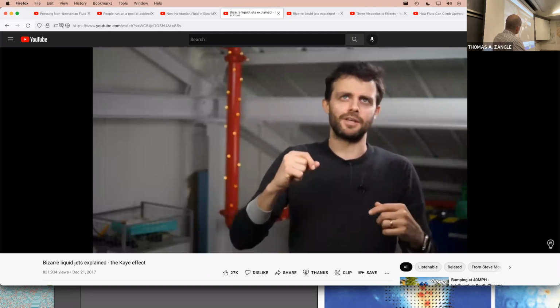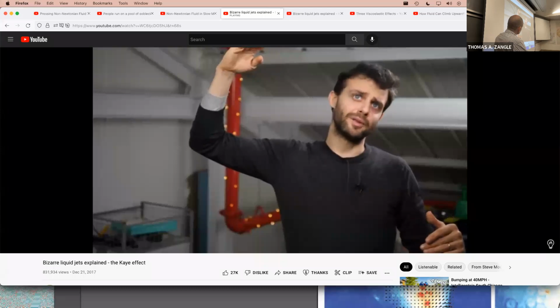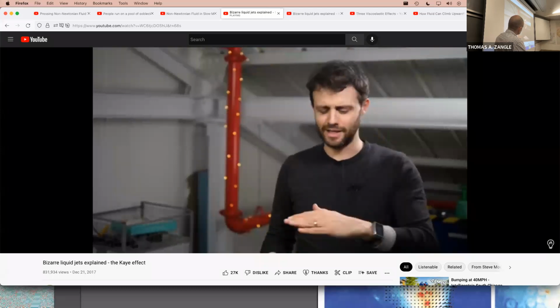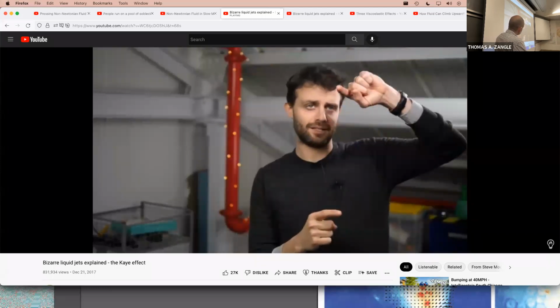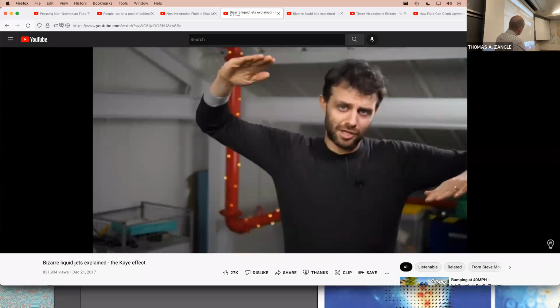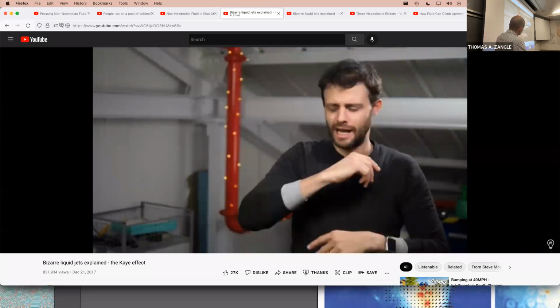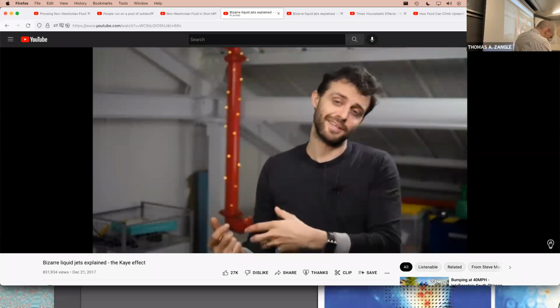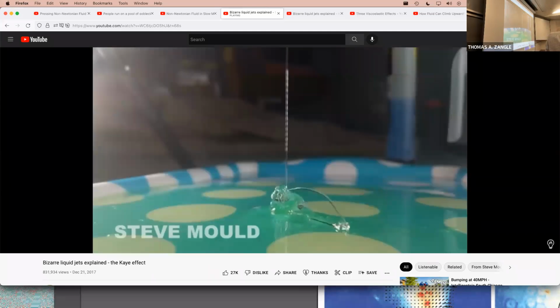Shear force in the case of a liquid is like if you've got a body of liquid and the top is traveling this way, at the bottom traveling this way, then you've got a gradient of velocity through the liquid. A shear force like that. And when you're applying shear force to the shampoo, the viscosity goes down.